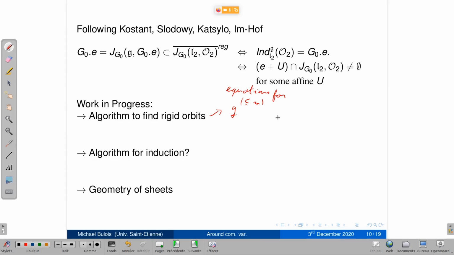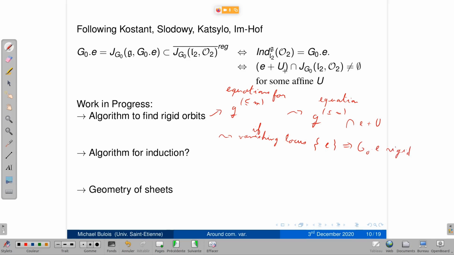And once you have the equations, you can look at equations of the intersection with E plus U. And so you can compute the precise equations, and if the vanishing locus is precisely the element E here, then you have a rigid orbit.